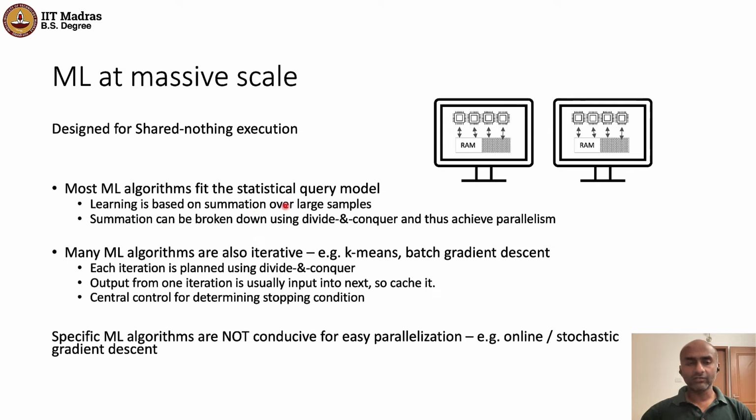That allows the ML algorithm to be parallelized using divide and conquer, using Spark, using MapReduce, etc. This summarization in the paper really opened the floodgates with respect to what it means for ML to operate at large scale.